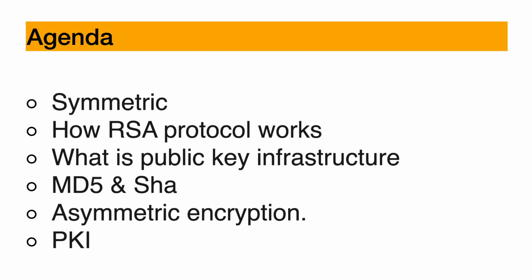We may not cover asymmetric encryption or PKI in this tutorial, because this tutorial is going to be long, but the next part will come soon and we will cover those. It is a very important topic, so I would suggest you stay tuned. I'll start my video now.